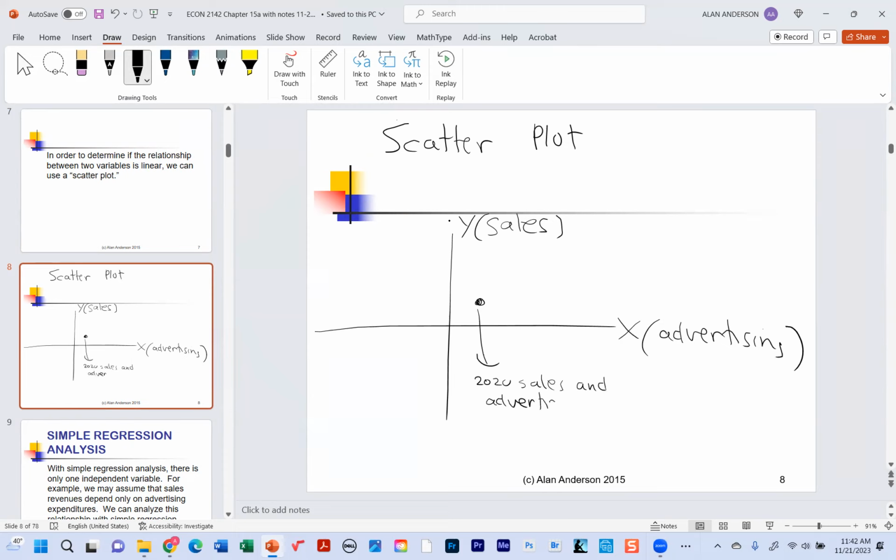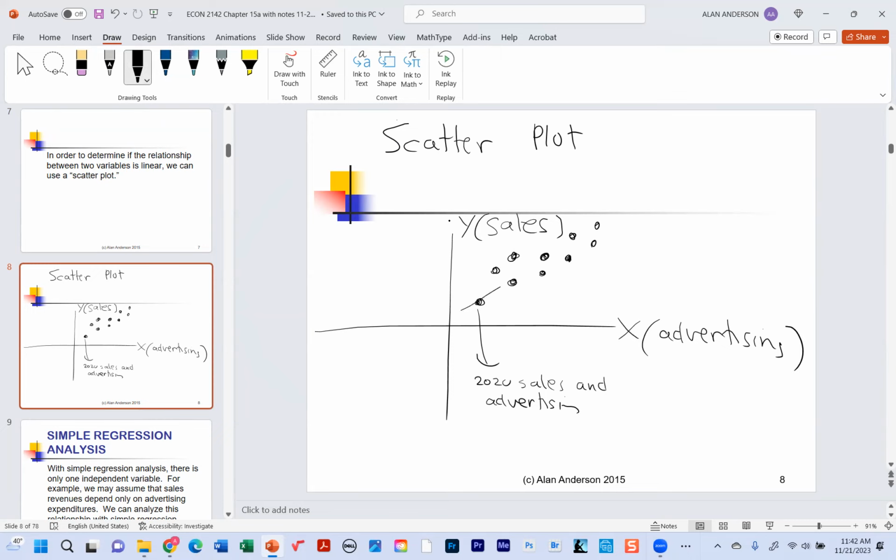It's understood that the y coordinate is the sales and the x coordinate is the advertising. And then this could be the year 2021, and this could be 2019, and so on. And so what we're really after here is the pattern, if there is one. We're hoping to see if these data follow more or less a straight line.